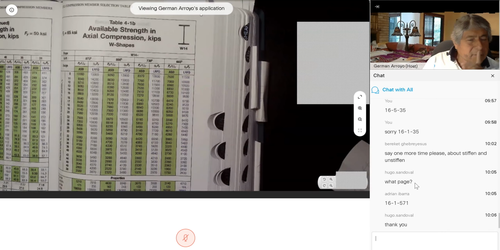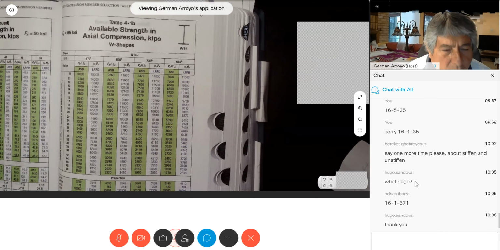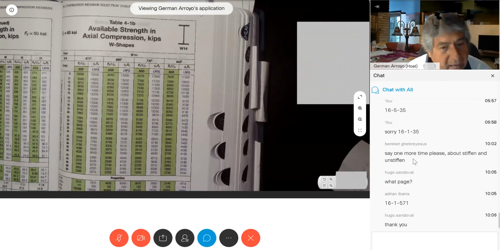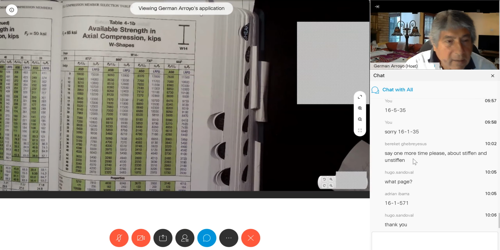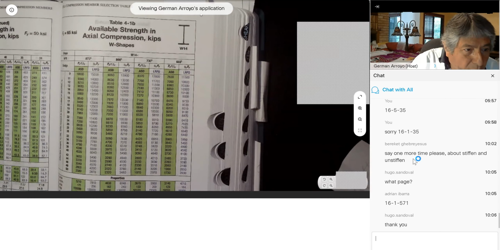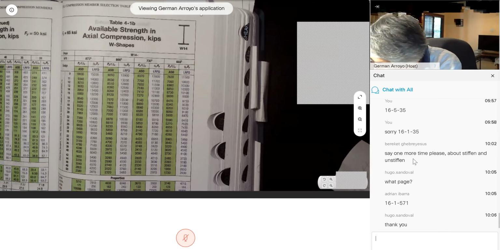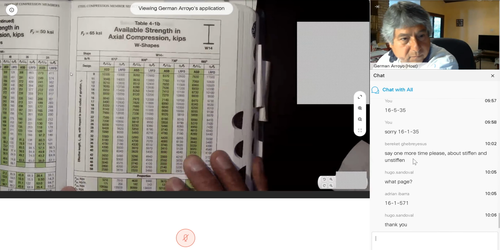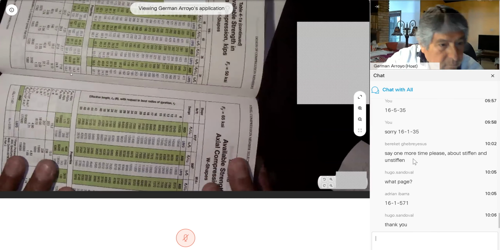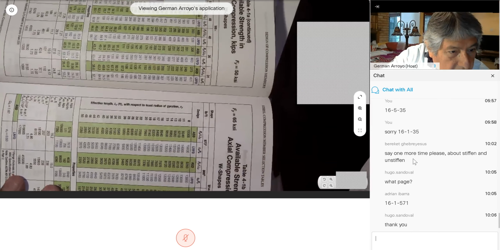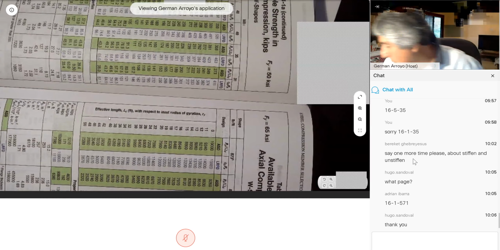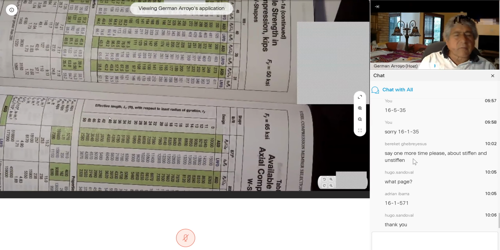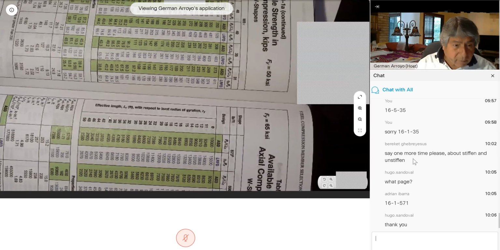So the formulas that I told you in chapter E, the formulas for elastic or inelastic buckling, they have used those formulas. Just to give you an example, but all of those tables are very, very similar.